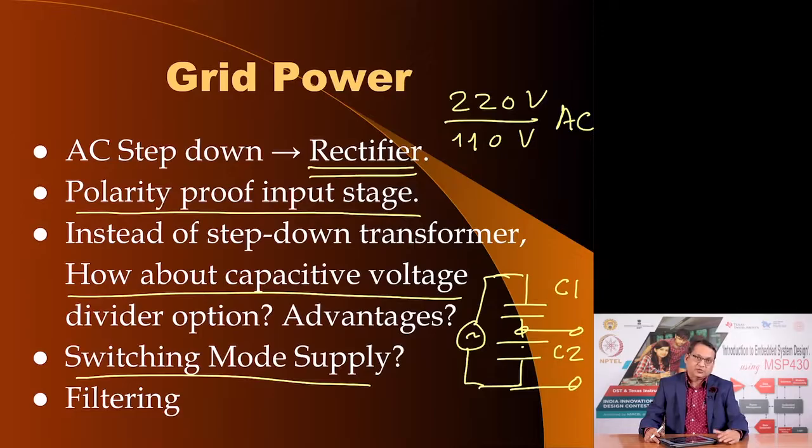Usually such switching power supplies are also called universal power supplies, which means that the same power supply will operate in a 220 volt domain as well as a 110 volt domain, because when you are creating a product, you do not want to have alternative options, where if this is to be sold in countries which have 220 volt supply, then this is the power supply to be used, and if it is to be sold in countries which have 110 volt supply, then you have a separate power supply.